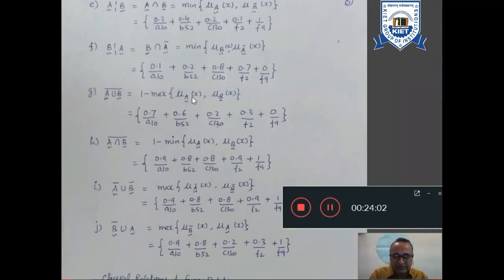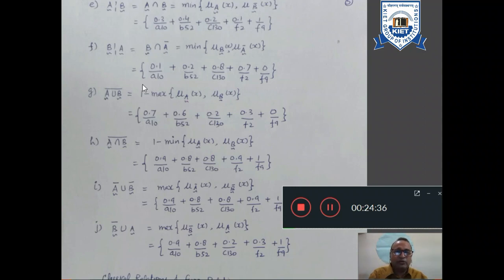The tilde sign represents that A is a fuzzy set, and likewise that B is a fuzzy set. Mu A(x) means the membership value of x in fuzzy set A. Mu B(x) means the membership value of element x in fuzzy set B. Among these two membership values, I take the maximum value, and that maximum value is subtracted from 1.